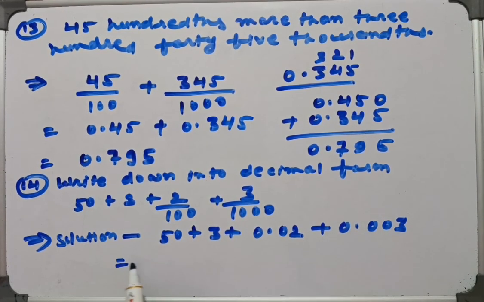Now make the addition. 50 plus 3 is 53, then put a dot. Now this one, make an addition of this one, then this one equals 0.02, then 3. So our solution is 53.023.